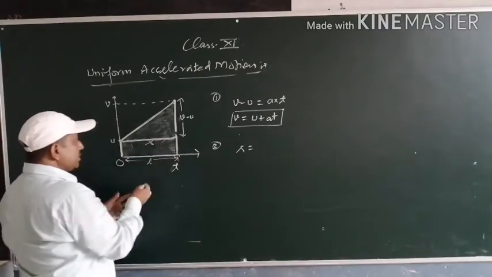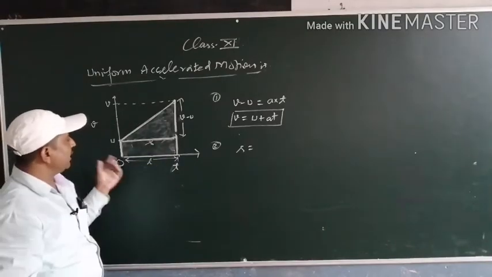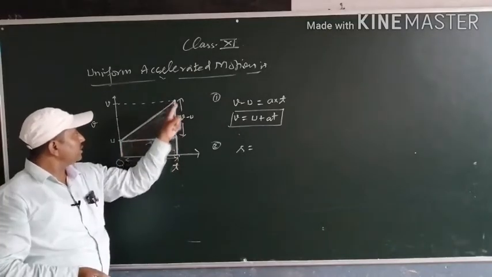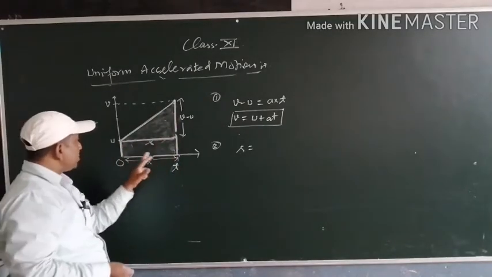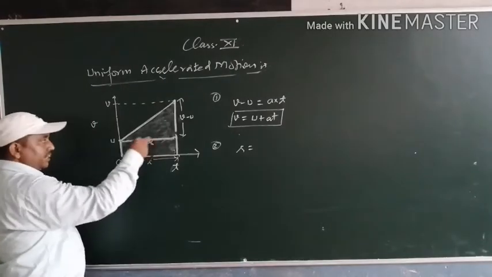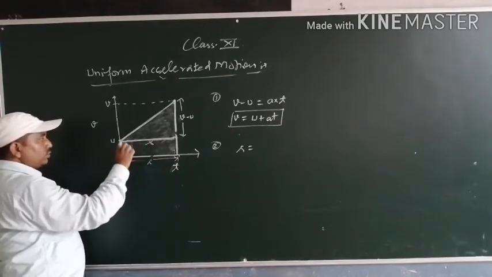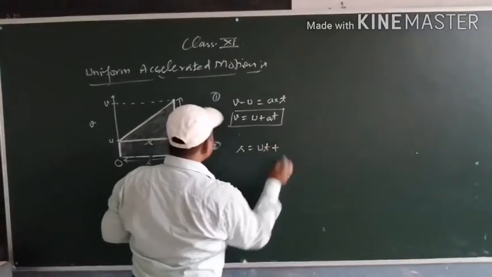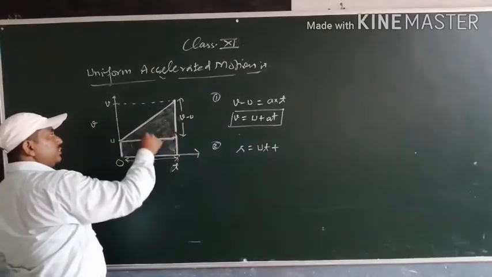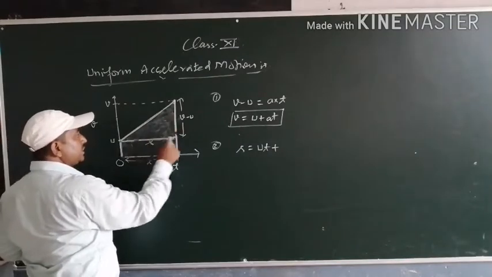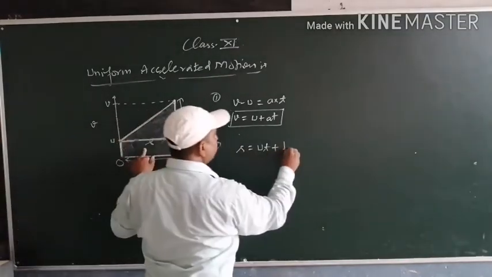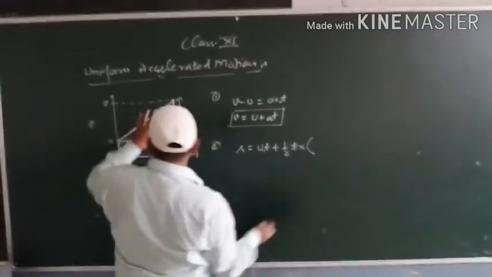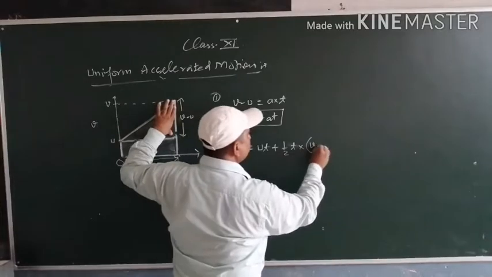That area can be split into two different areas: first a rectangle and second a triangle. The area of the rectangle is u multiplied by t, that is ut, plus the area of the triangle, that is half of base into height. Base means t, and height means v minus u.